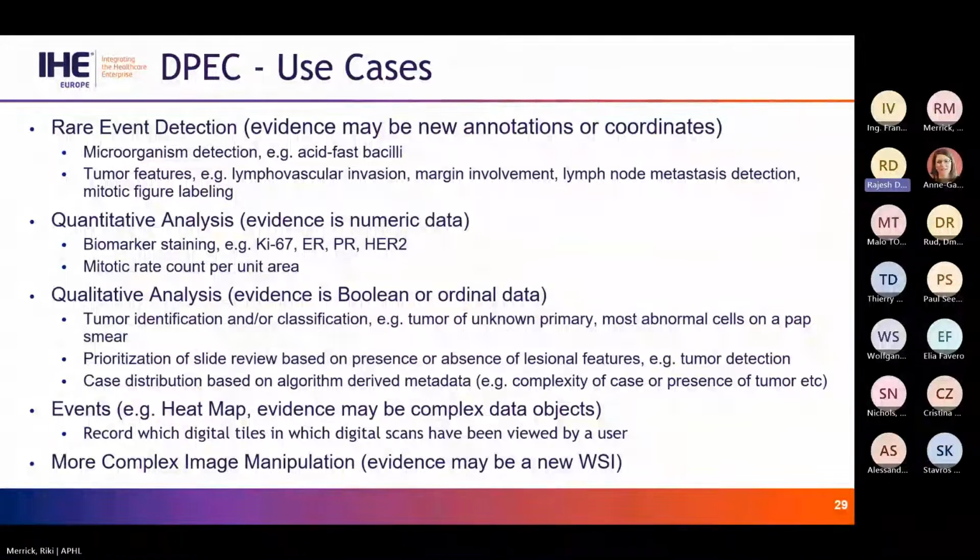So, for example, at Duke Health, when we do our breast biomarkers, of which we do probably 20 a day, 20 different cases, all analyzed using FDA-approved algorithms, at the end of the day, the numbers that are produced, such as the percent staining and the intensity of the staining, are hand copied and pasted back from one system into another system. So clearly suboptimal, and there's definitely a need for bringing this all into a standard transaction.